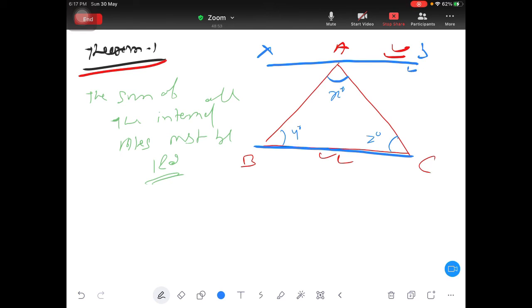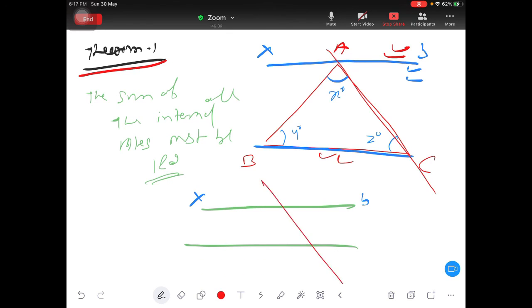You draw XY in such a way, then you can check this concept. If these two parallel lines are there, one is XY, which is this line, and another one is BC, and you cut like this, like AC. So whatever angle is here, the same angle will be this. So if this is Z, this will be Z.